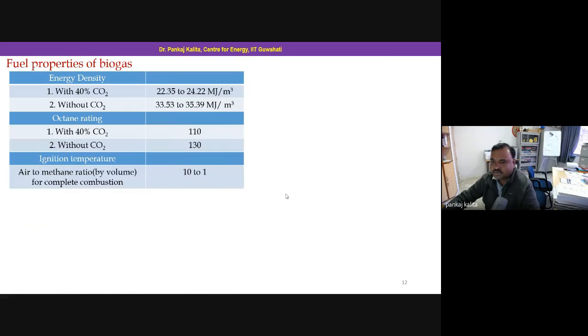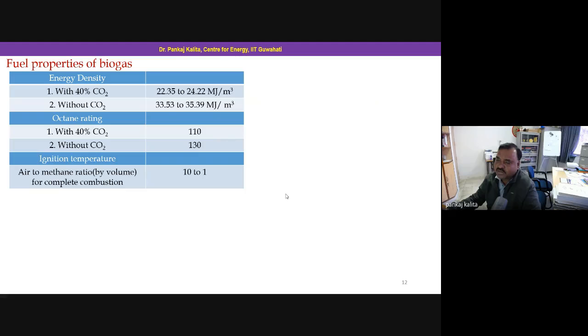We must know these properties of biogas. What is the density if 40% carbon dioxide is present? If we remove the carbon dioxide, what is the calorific value of biogas? With 40% carbon dioxide, it is 22.35 to 24 megajoule per cubic meter.